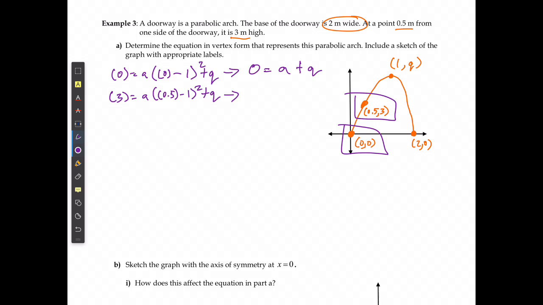In the second one, 3 is going to equal 0.5 minus 1 is going to be negative 0.5, and negative 0.5 squared is going to be 0.25 a plus q. I'm going to use my elimination strategy. I'm going to subtract the 2 equations from each other, and I'm going to get negative 3 is equal to 1 minus 0.25, 0.75 a, and the q's are going to cancel out.